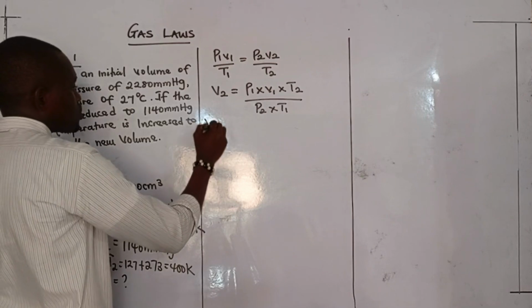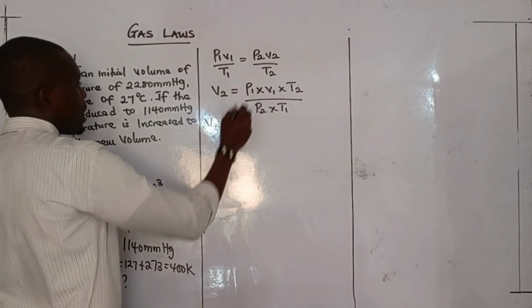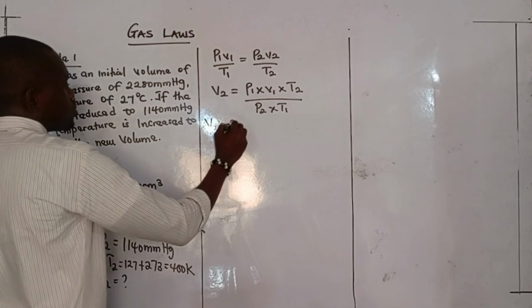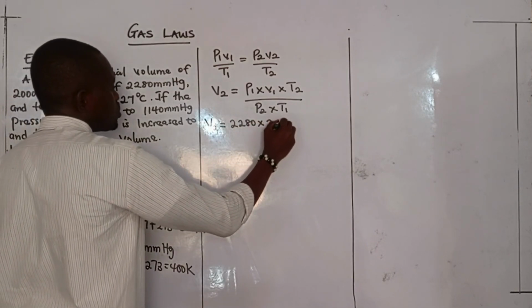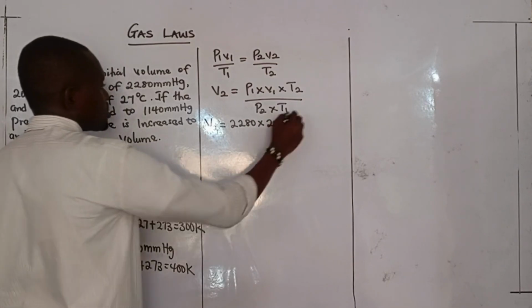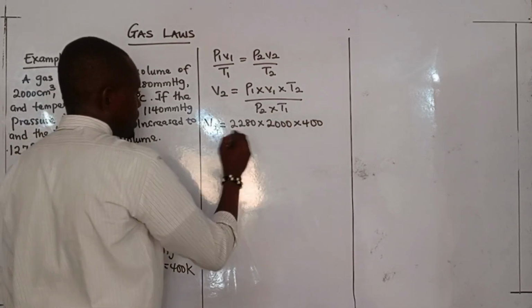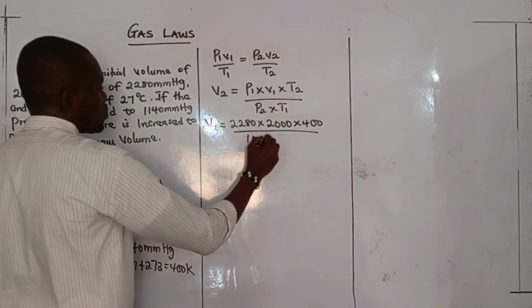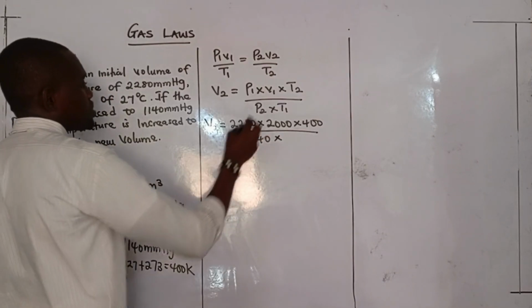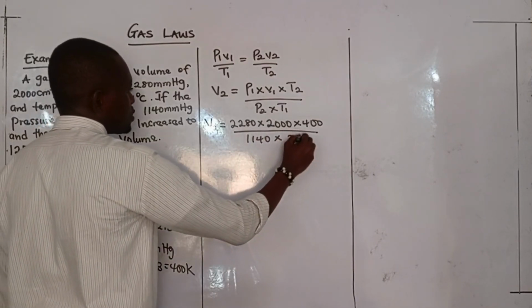So if we substitute values now, we should have P1, which is 2280, times V1, which is 2000, times T2, which is 400, divided by our P2, which is 1140, times our T1, which is 300.